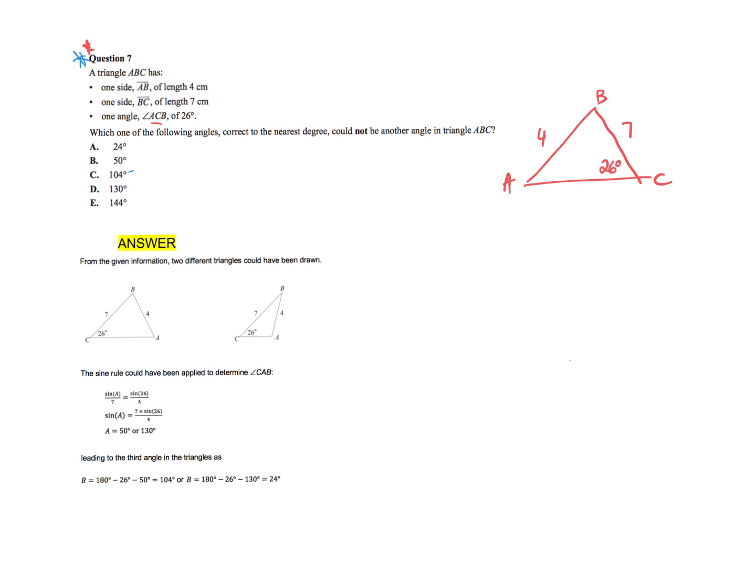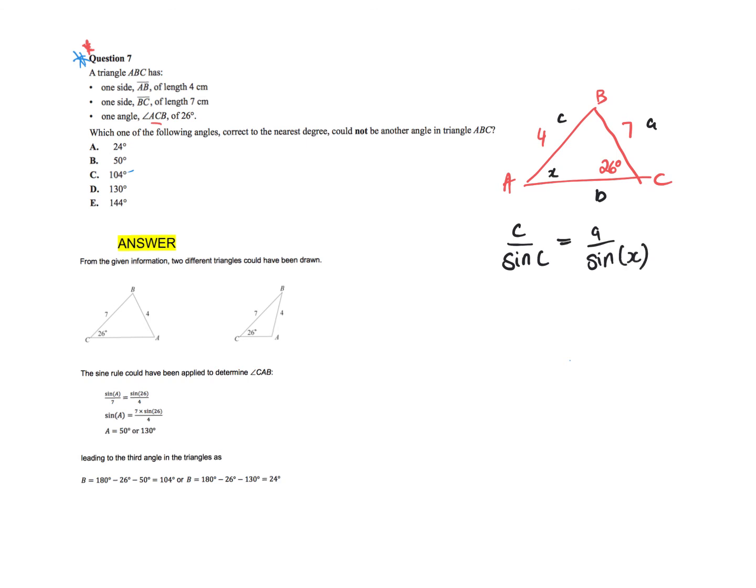So they pretty much told me that. And they're saying which of the following angles, correct to the nearest degree, could not be another angle in this triangle. So pretty much what I'm going to do is I have little c, so I have C, so I'm definitely going to use sine C, and I've been given little a, so I'm going to find sine A first.